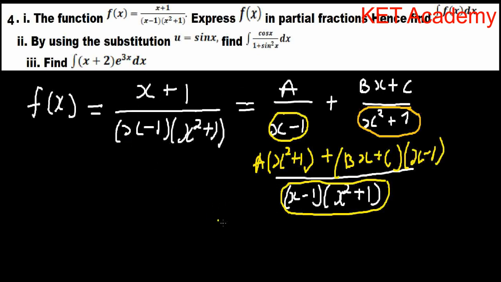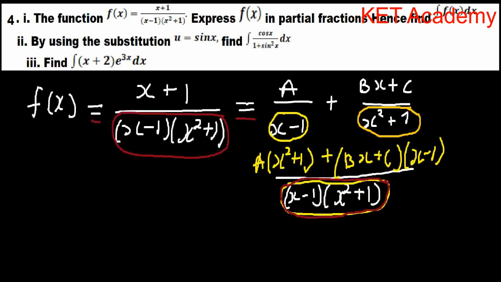So what are we going to do now? If you look at it critically, if we compare it with the function f of x, we see that the denominators are equal. If the denominators are equal, therefore the numerators should be equal for us to further simplify it.